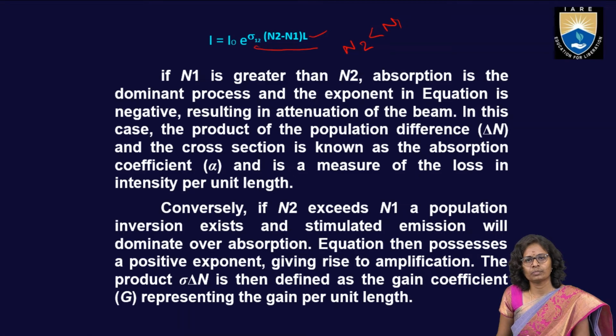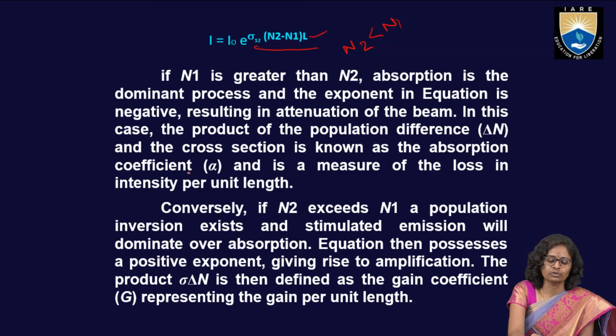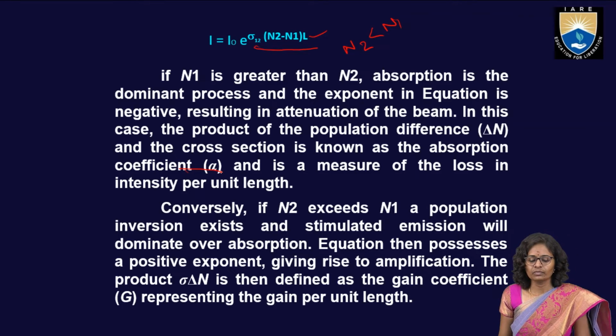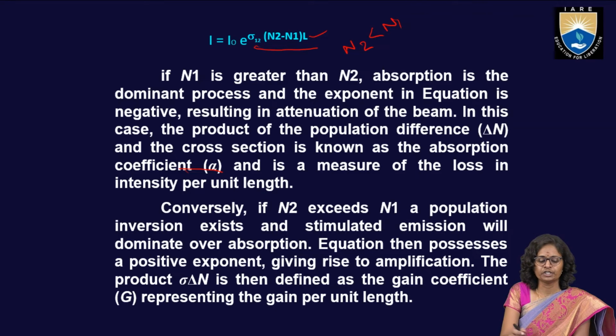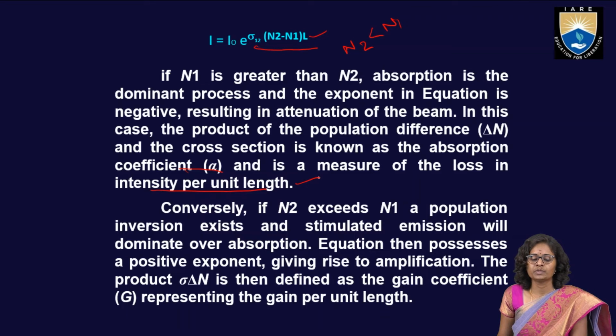In this case, the product of the population difference, that is delta N, and the cross section is known as the absorption coefficient and is a measure of the loss in the intensity per unit length. If absorption dominates, it means N2 is less than N1.